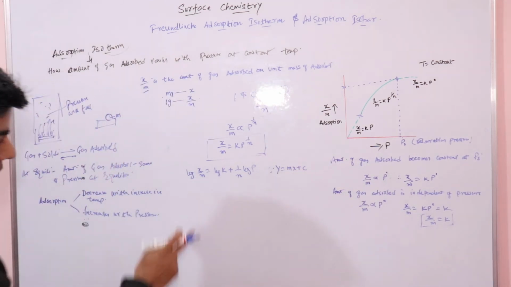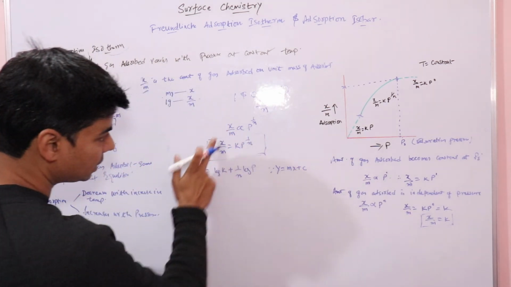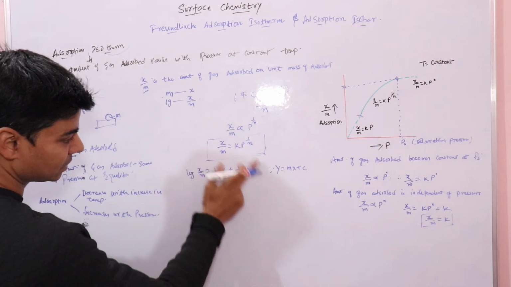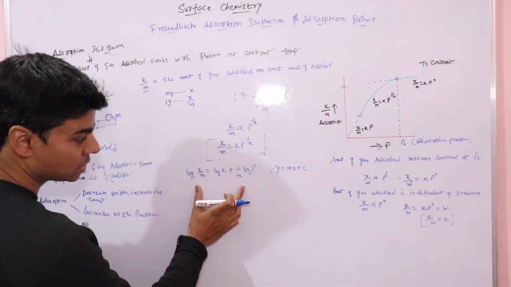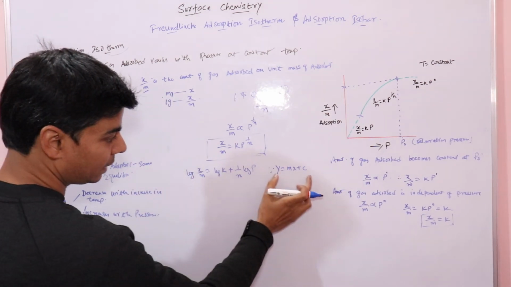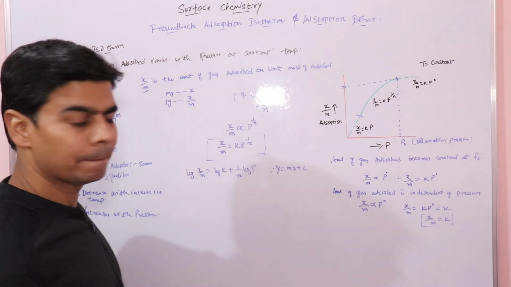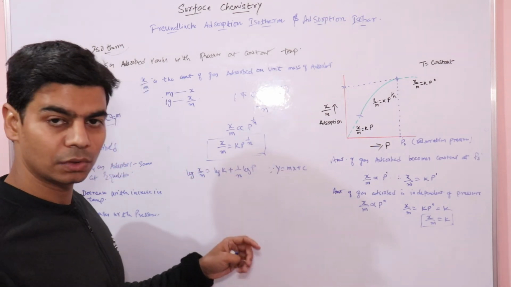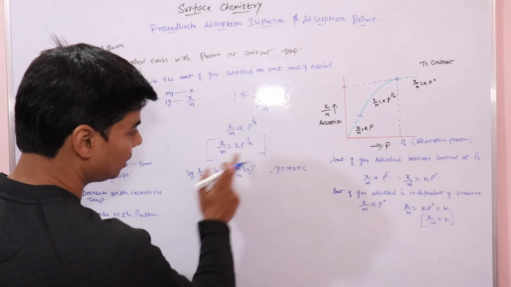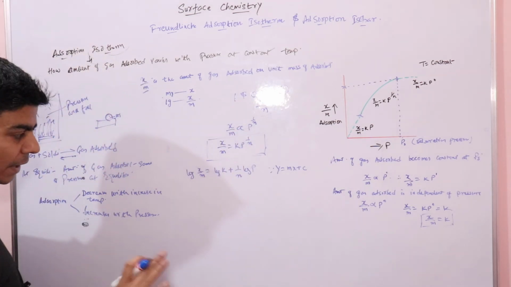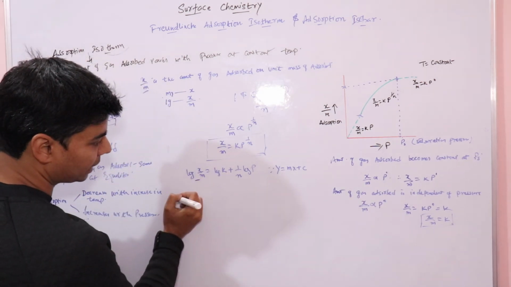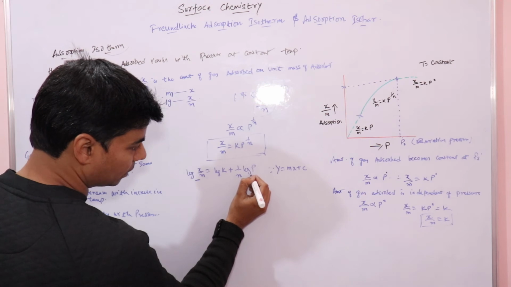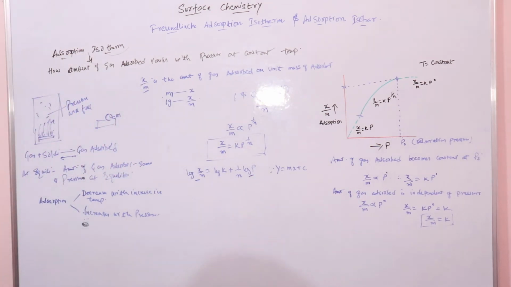If this relationship is true, it should give you a straight line. If it does not, the relationship is not valid. So if you draw a graph between log x upon m and log P, you should get a straight line.